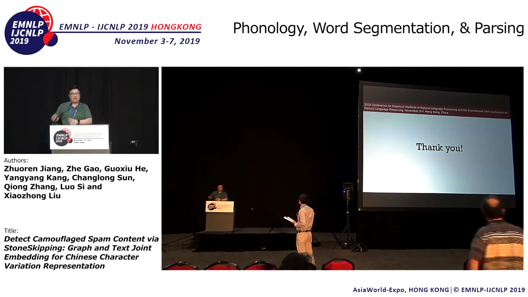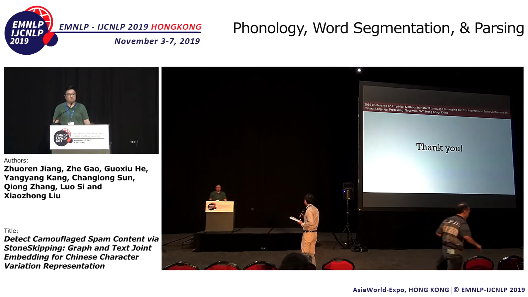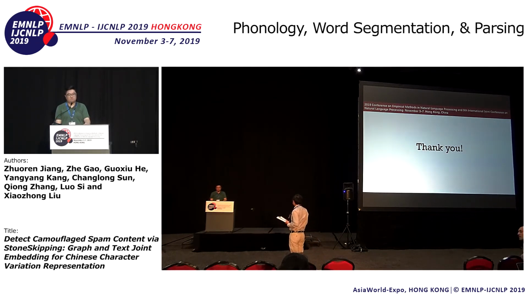One related question is, normally if your character is camouflaged, you can guess possible words out of its similar characters. But did you integrate word information into the model, or is the model, like the correct sequence, somehow pre-trained to ensure that you have knowledge about the possible correct words, on top of the characters?